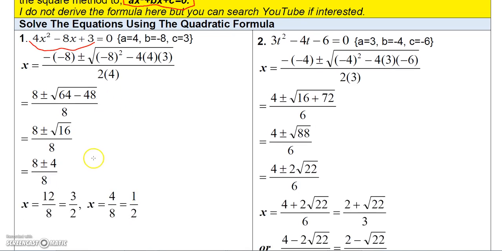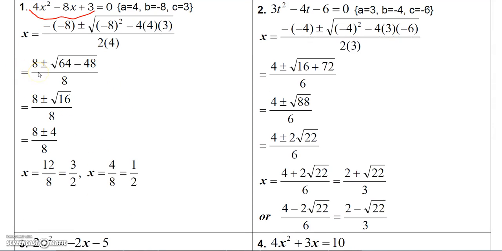Now here, we take this 8 plus or minus the square root of 64 minus 48 over 8. And we can simplify the radical here, and that's going to be square root of 16, because 64 minus 48 is 16. So I have 8 plus or minus the square root of 16 over 8. And then we know 16 is a perfect square, so that's just simply going to be 8 plus or minus 4 divided by 8.